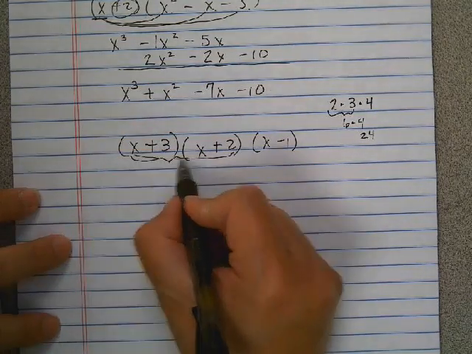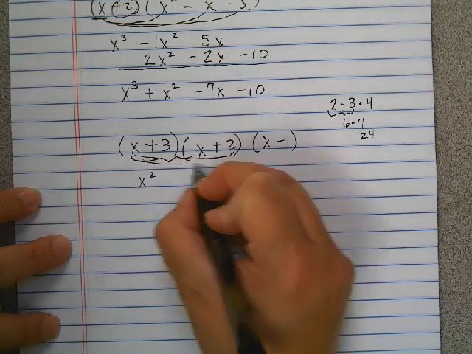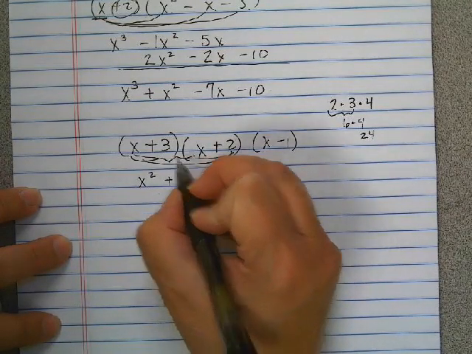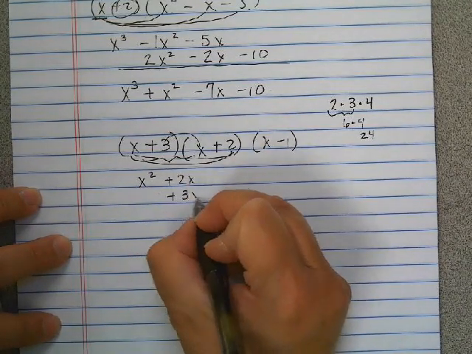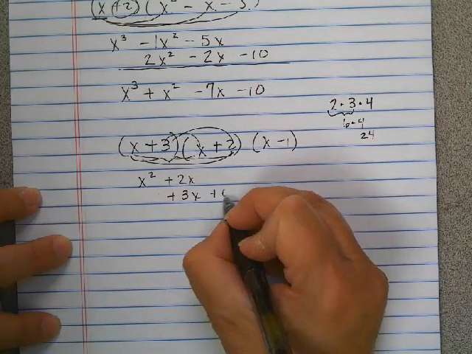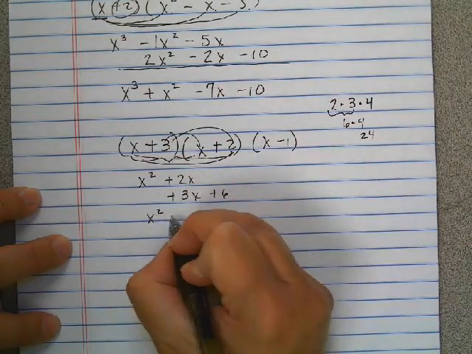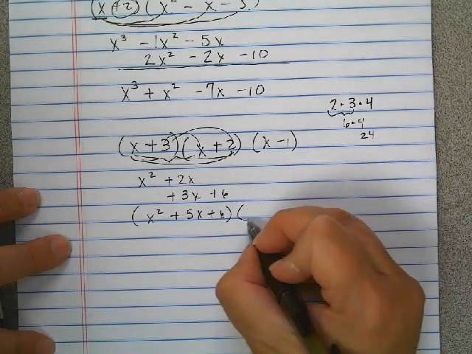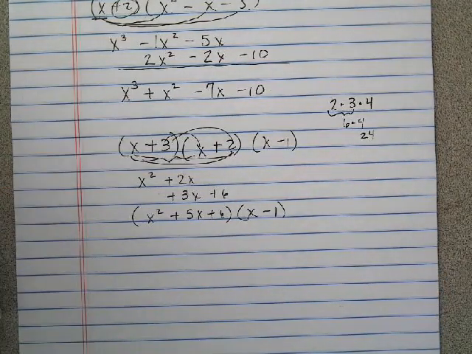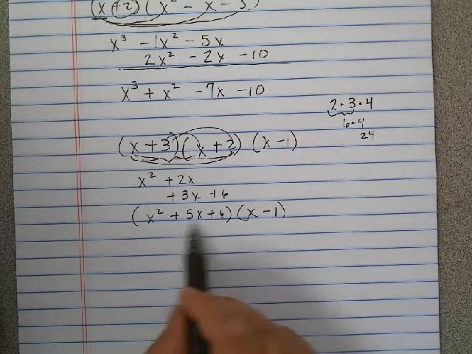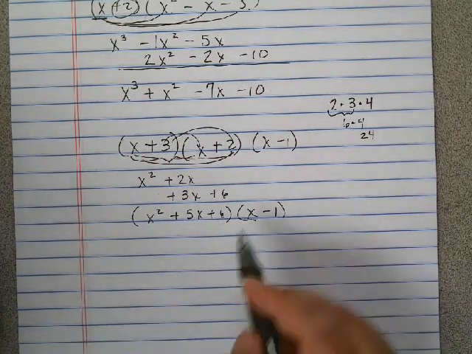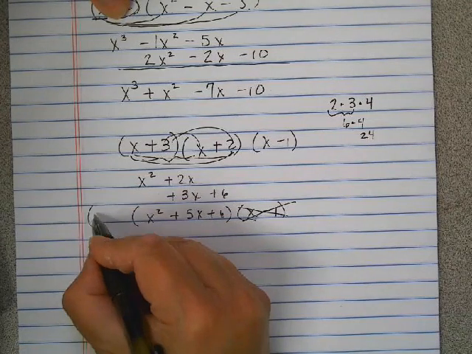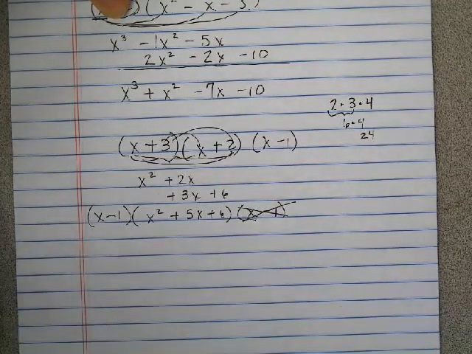So when I multiply, I get x squared plus 2x plus 3x plus 6. So this one is x squared plus 5x plus 6. Now I have to take it times the third one. Some people don't like having it written in this order. Multiplication can be written in whatever order you want. So if you want to move the x minus 1 to the front, you can.